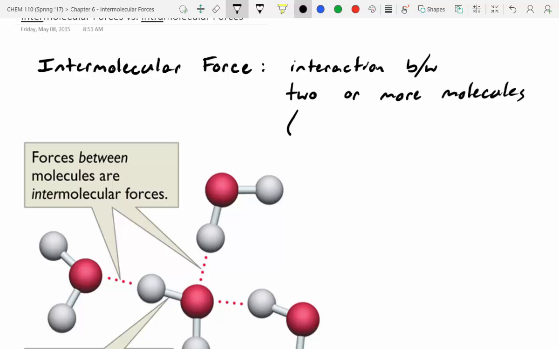And the way I typically describe an intermolecular force is a molecule's stickiness.